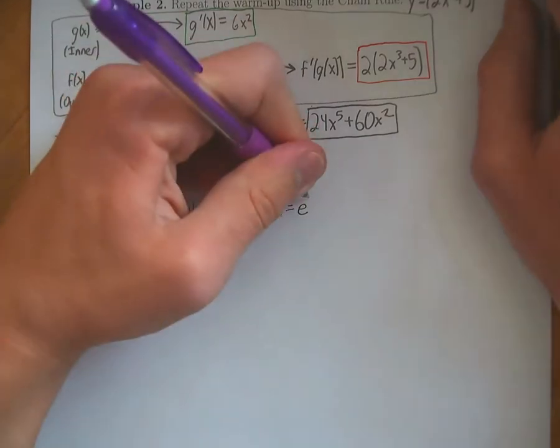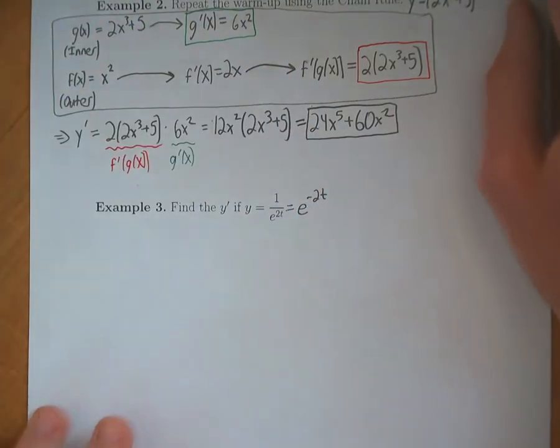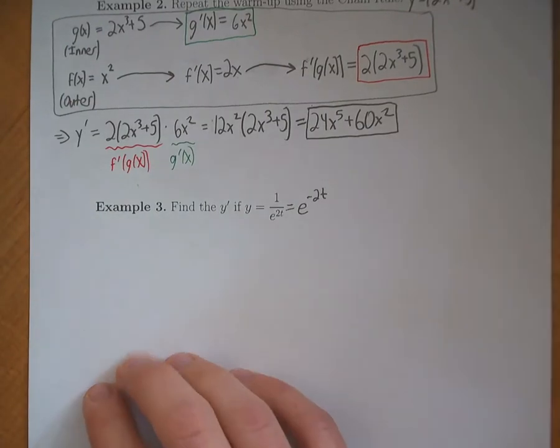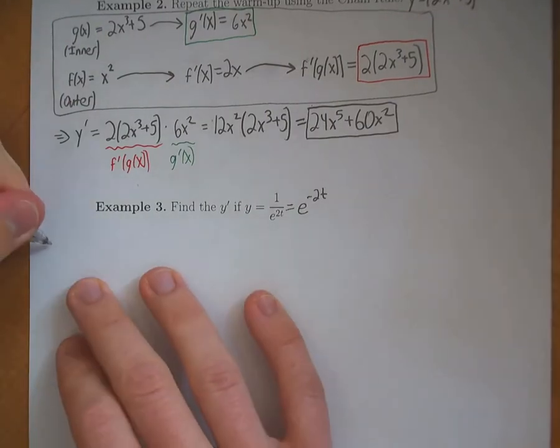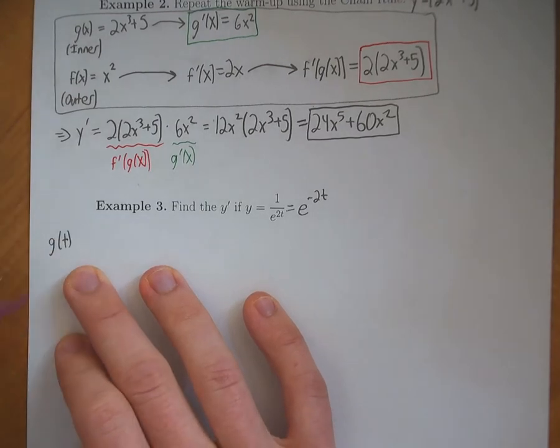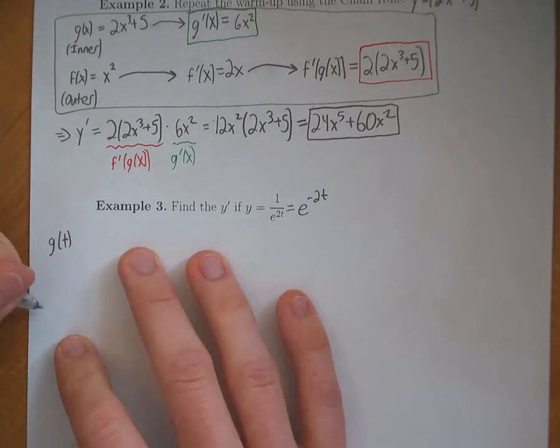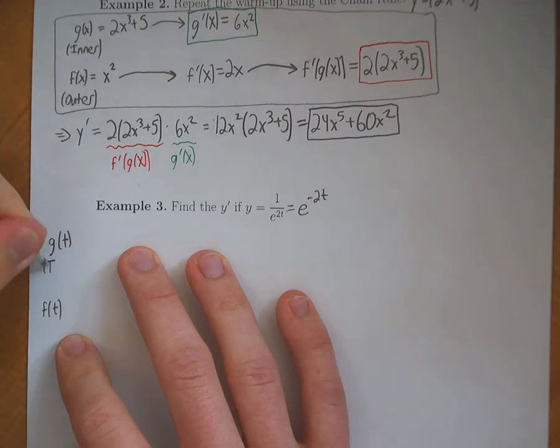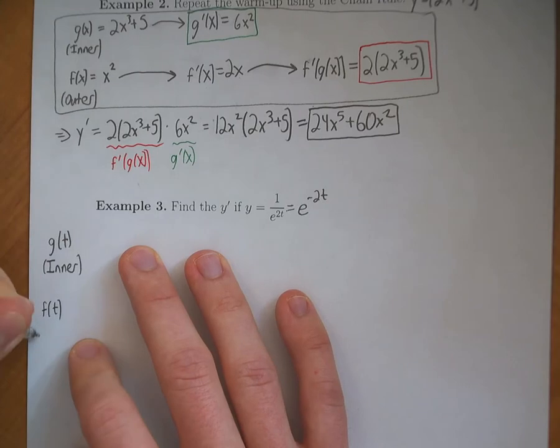Negative 2t, good. Alright, so if we construct our good old roadmap, because t is now our input variable, we have to use g of t here and f of t here. So g of t is the inner function, and f of t is the outer function.